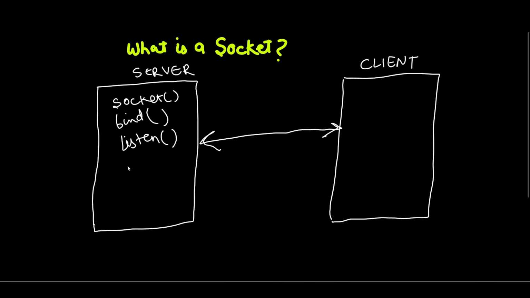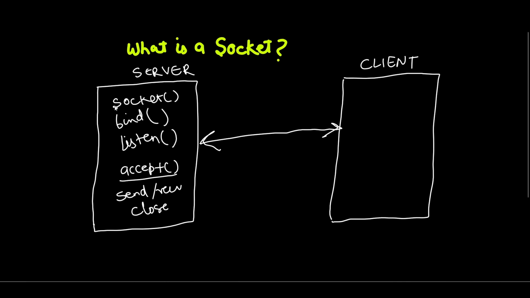The fourth is the accept call, which accepts the client connection. Then we have send or receive for message exchange over the network, and then the close call. So these are the six APIs used on the server side to create a server socket.